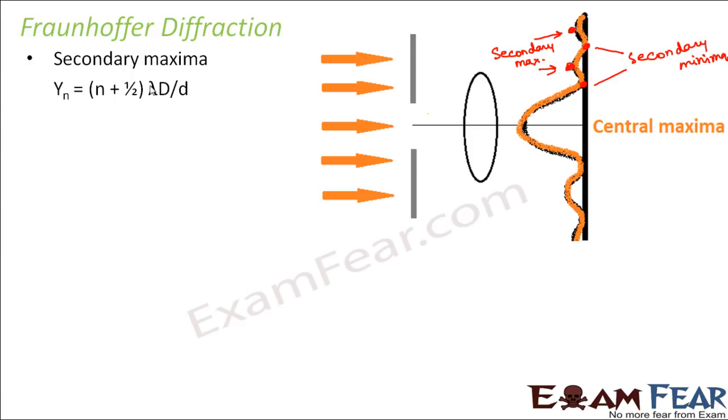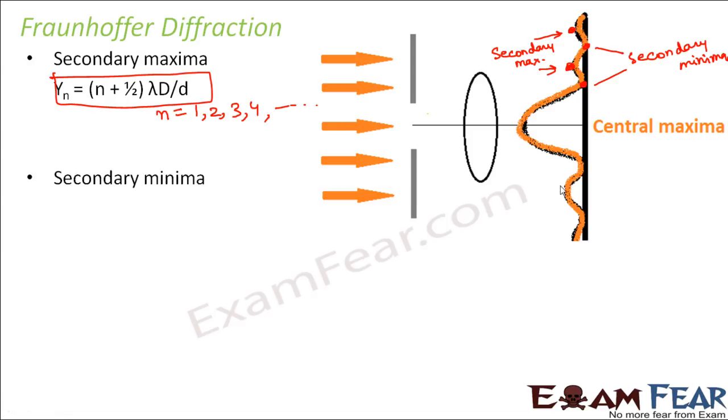To find such points, we use the expression y_n equals (n plus 1/2) lambda D by d. Here n can be 1, 2, 3, 4 and so on, but not 0, because n equal to 0 corresponds to the central maxima, and we are only talking about the secondary maxima. For n equal to 1 you have one secondary maxima, and for n equal to minus 1 you also have one, and so on.